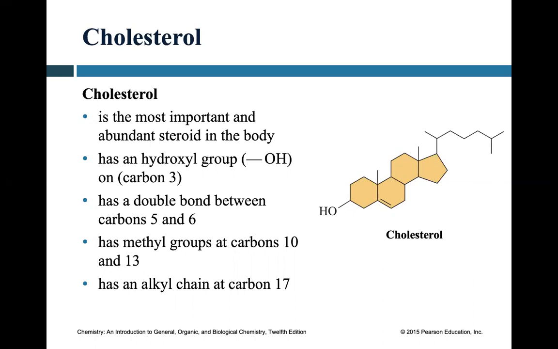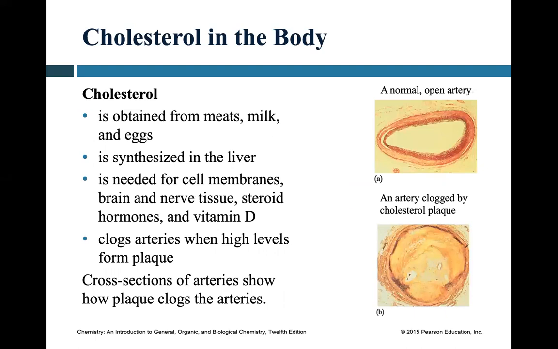However, your body needs cholesterol to function, right? So either it's going to be used as a beginning point that your body can modify and then turn into another type of steroid. And then cholesterol itself is also used in construction of cell walls and other signaling molecules. So your body needs cholesterol, it just doesn't need high levels of cholesterol.